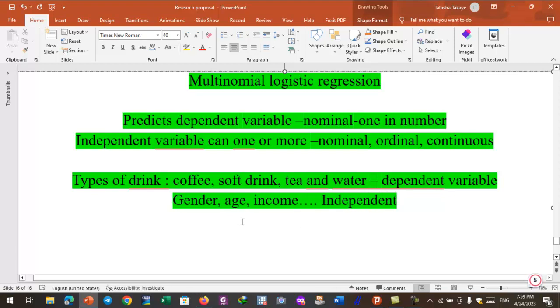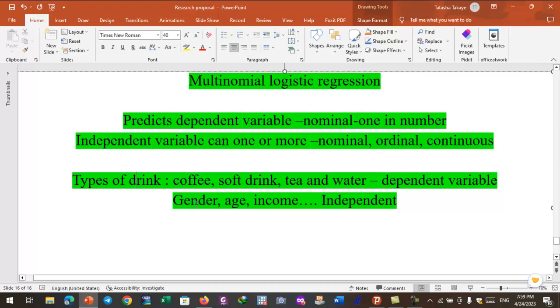Our interest is whether the preference of type of drink is influenced or affected by gender, age, and income. Whether these independent variables determine the choice or the preference of type of drink of the respondents, or in other words, whether these independent variables can predict the dependent variable.